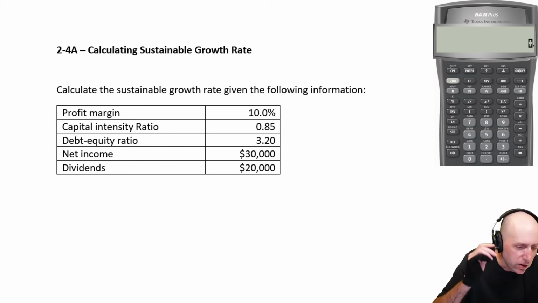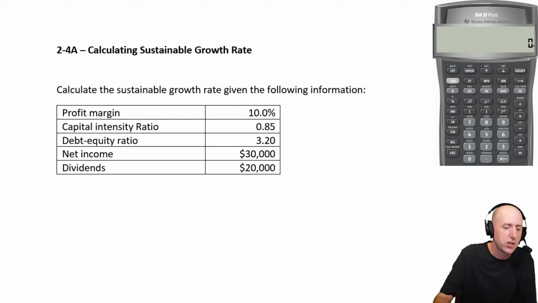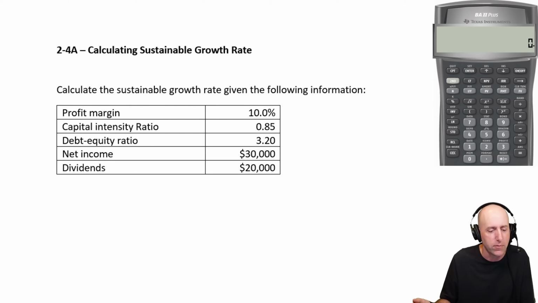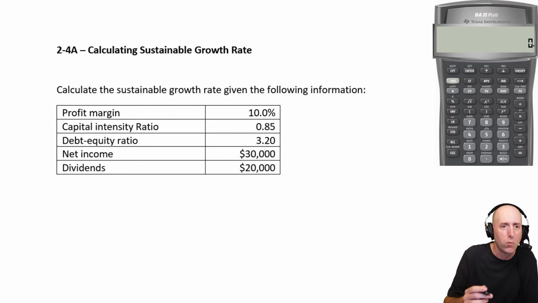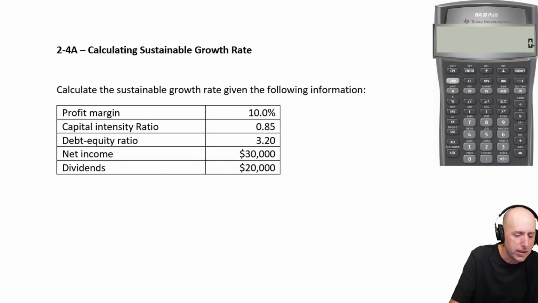I hope so. Calculate the sustainable growth rate given the following information, and there's a bunch of ratios and information they've given us. Now let's remember what a sustainable growth rate is.